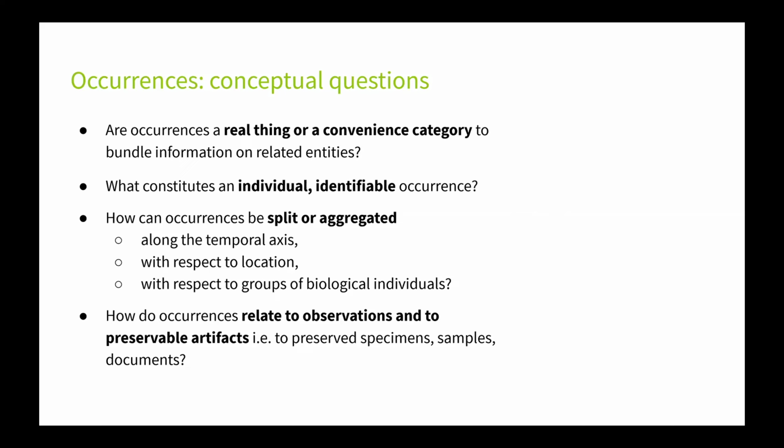Other questions concern the nature of the relations between occurrences and the means employed to observe them and the artifacts produced in the process. In this contribution, an analysis of occurrences is proposed that offers a connected, ontologically grounded view on these issues.